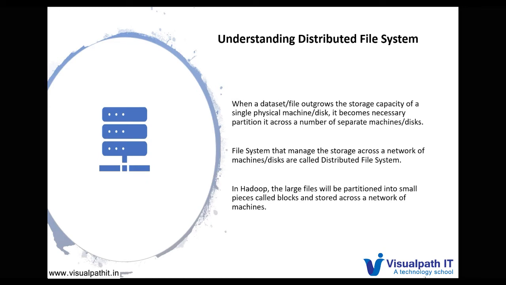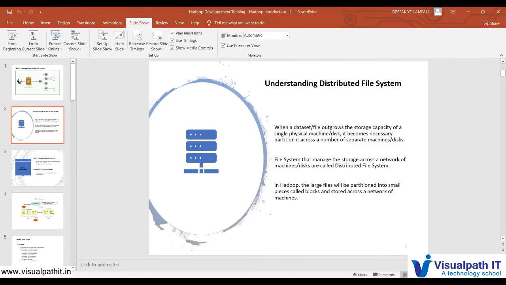That is the reason we use a file system that manages storage across a network of machines. In Hadoop, large files are partitioned into small pieces called blocks and stored across a network of machines, as we have seen. Where is the diagram?